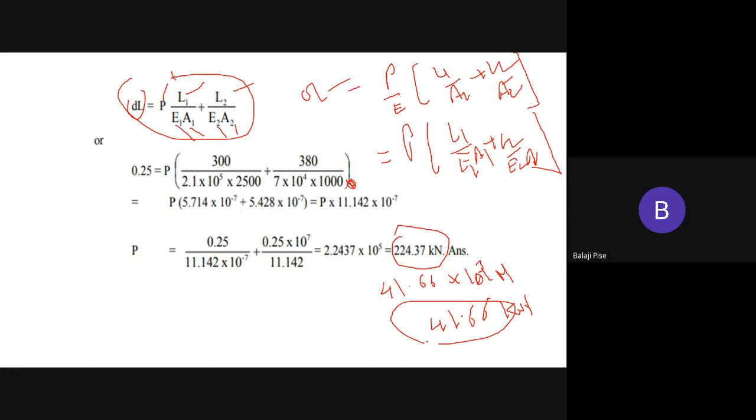Yes, sir. Okay. I think 4 to 5 students have given the correct answer. What about the remaining students? Please check your answer. You don't concentrate on numerical value. Take 10,000 or 1,000, but depending upon the numerical value, the answer should vary. Suppose all students have taken 10,000, then the answer should be 41.66 kilonewton.